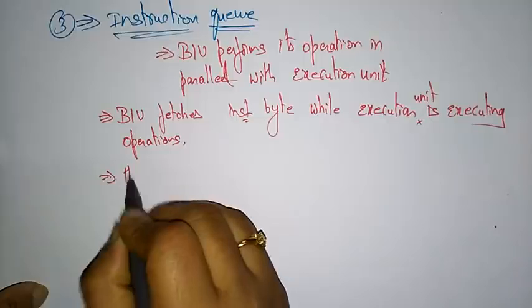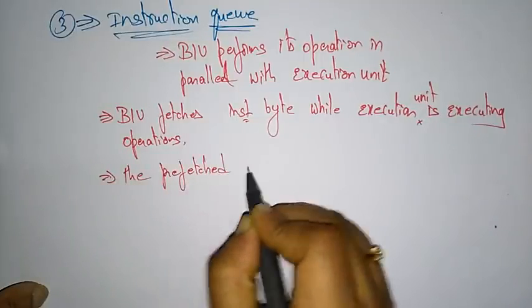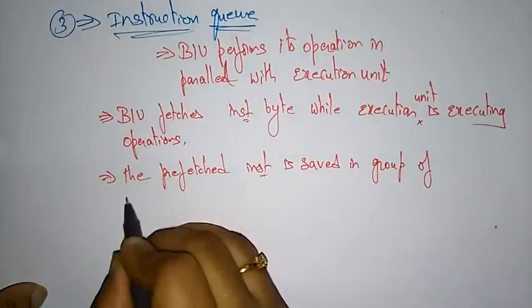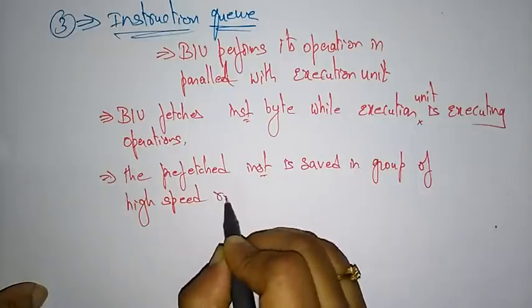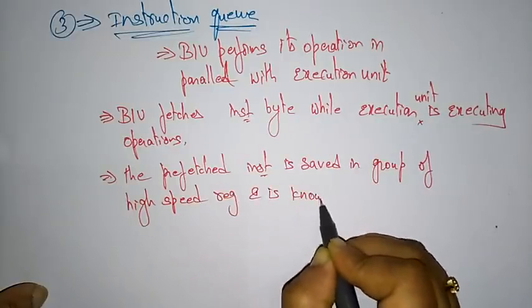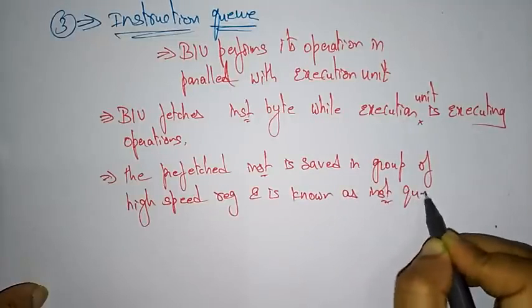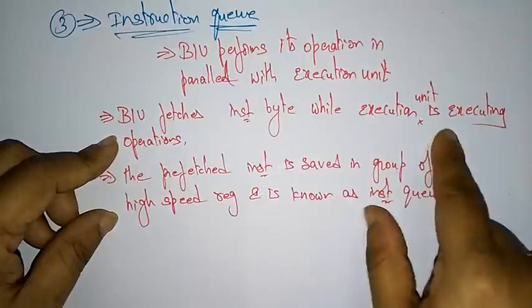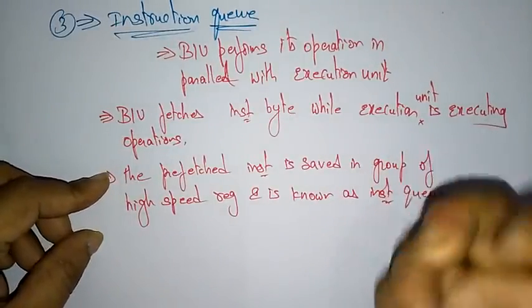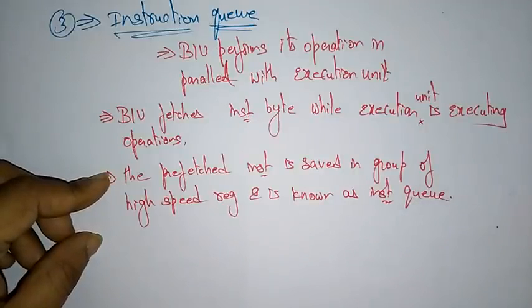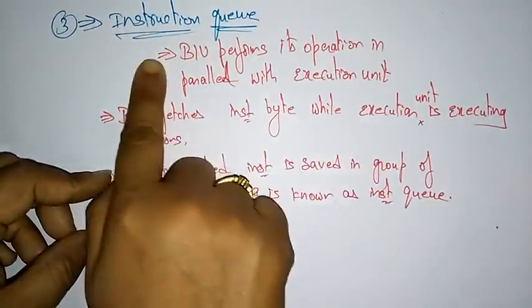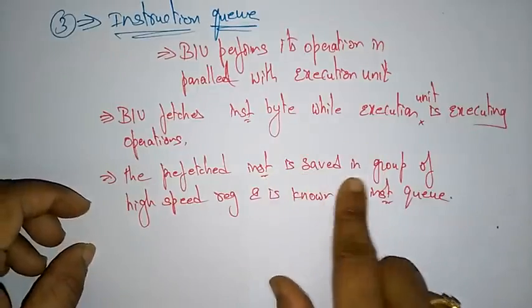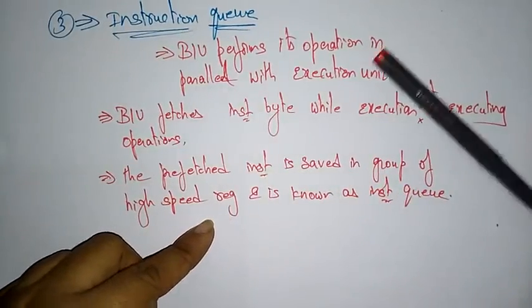The prefetched instruction is saved in a group of high speed registers known as the instruction queue.